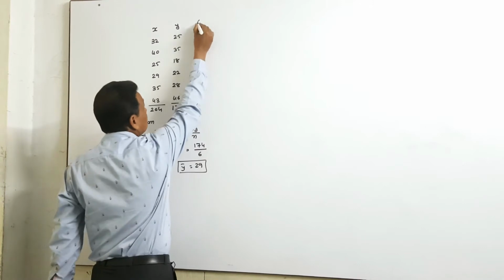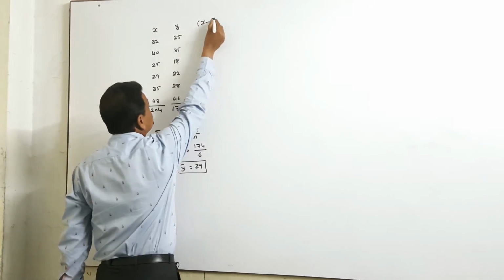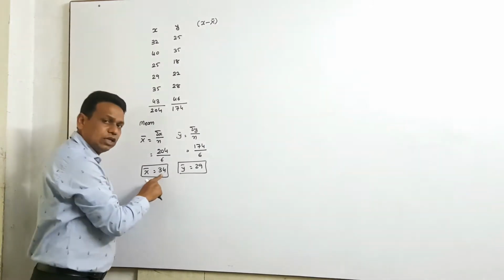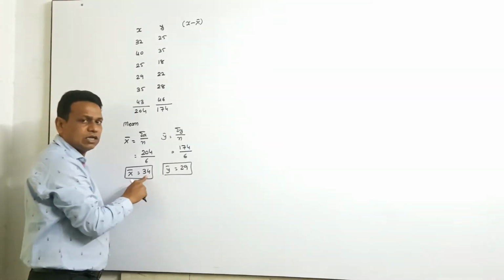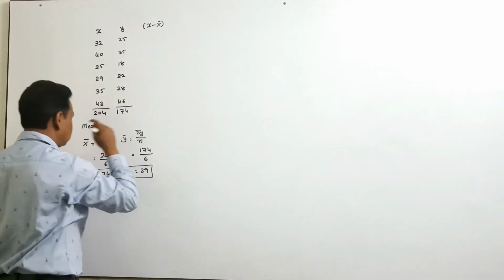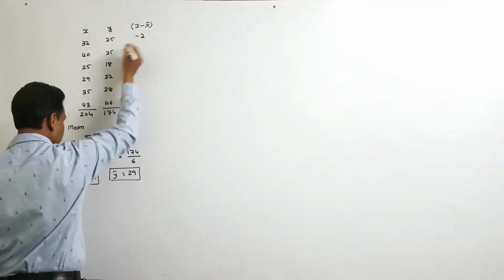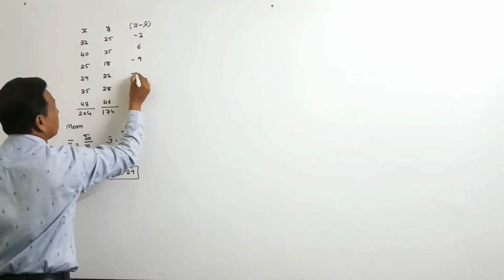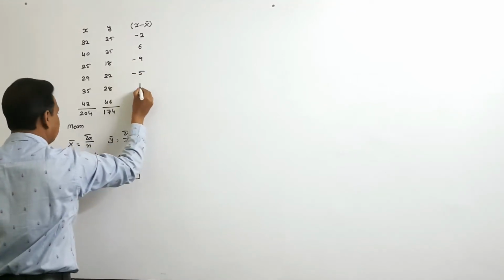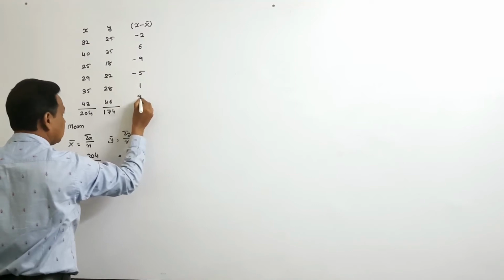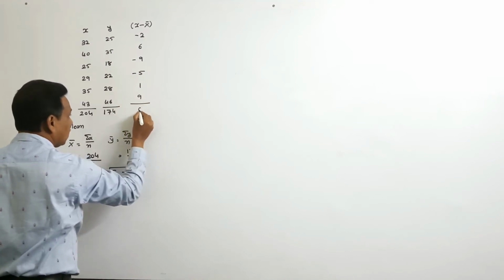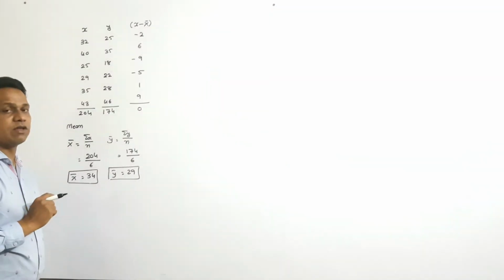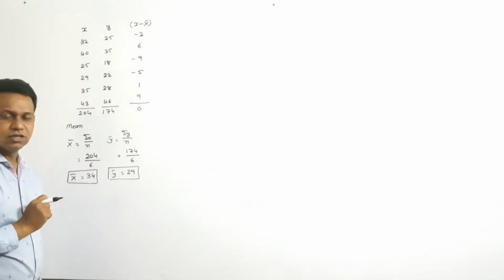This is finding the deviation from the mean, that is called x minus x bar. So our x bar is 34, so I would like to subtract 34 from each amount of x. So it is minus 2, 6, minus 9, minus 5, 1, and here is 9. And my dear friends, whenever we subtract the mean from the variable, the sum always comes out 0.